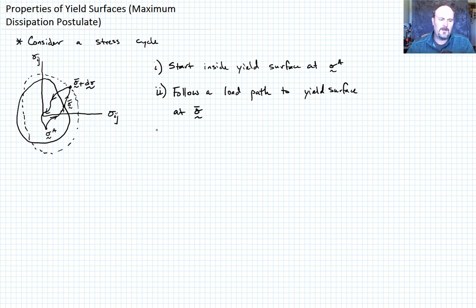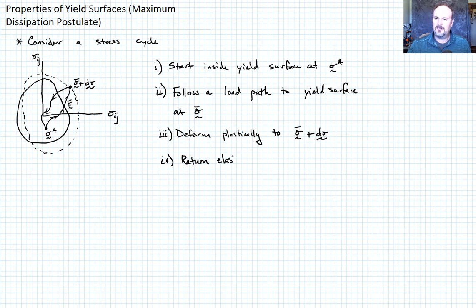And then in step 3, we're going to deform plastically up to the stress sigma bar plus d sigma. And then finally, we're going to return elastically to sigma A.